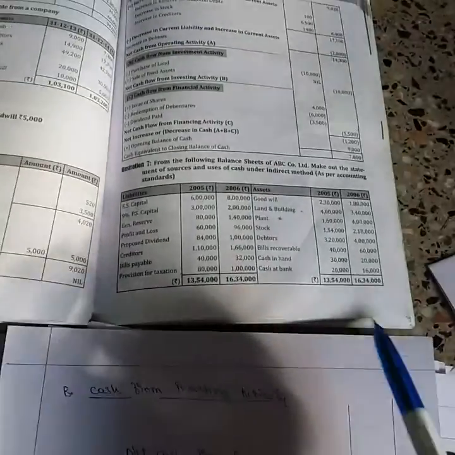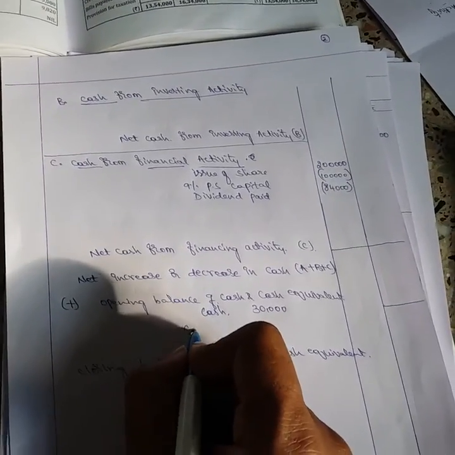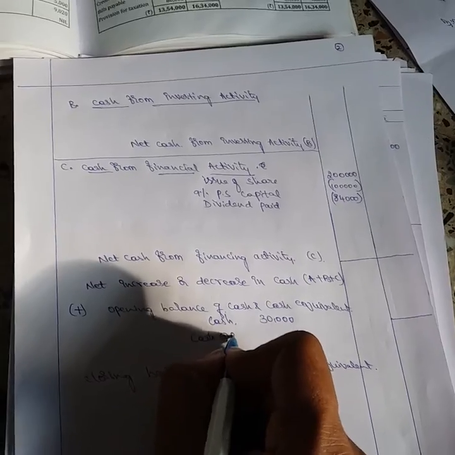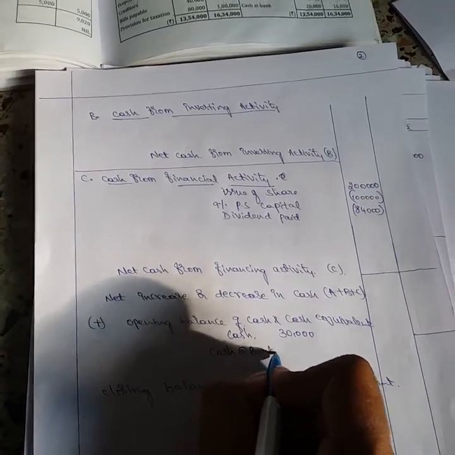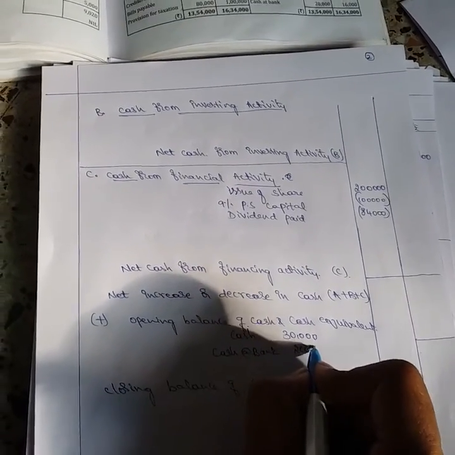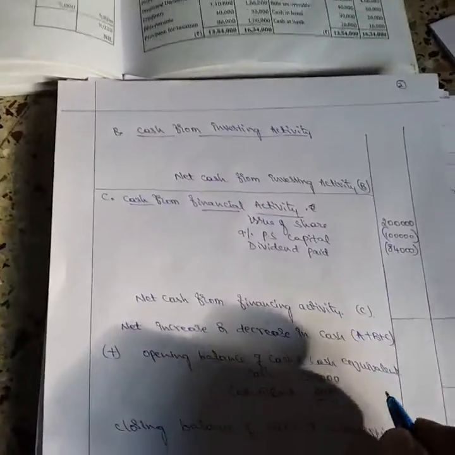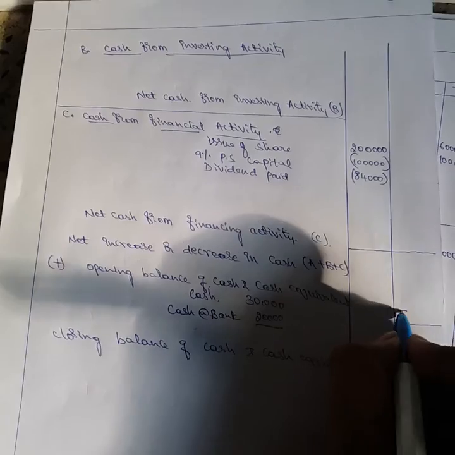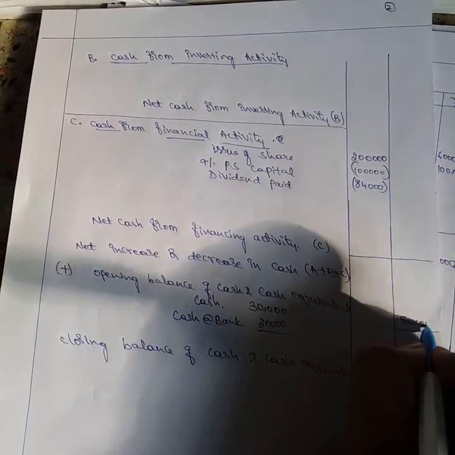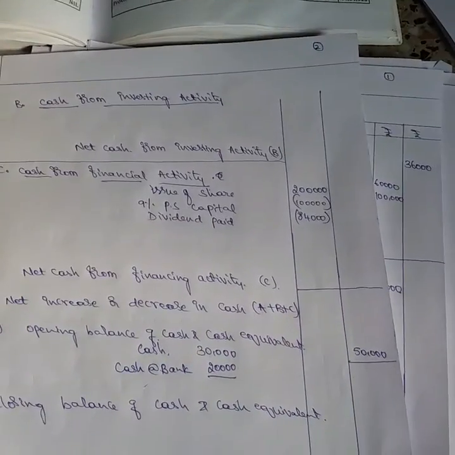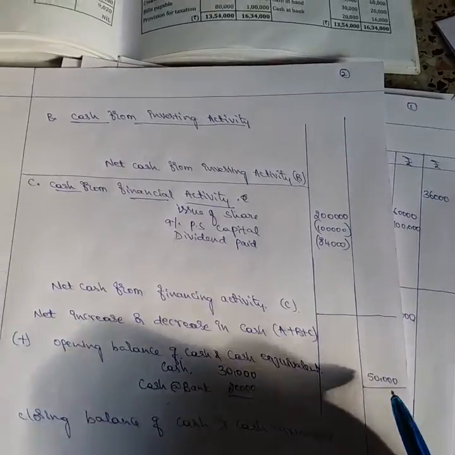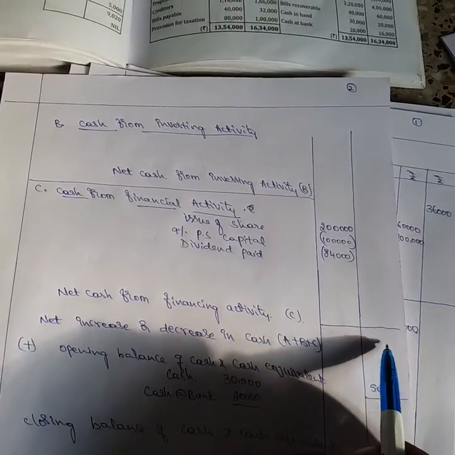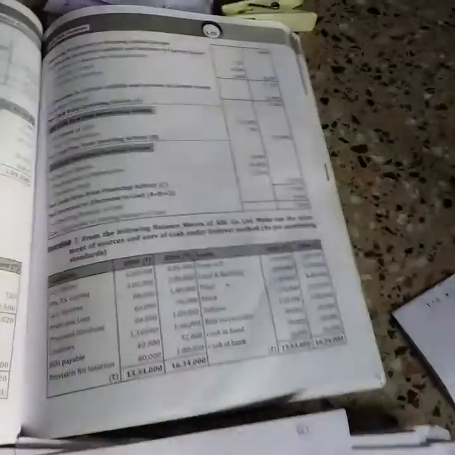Opening balance of bank is 20,000. Cash at bank 20,000. Opening balance of cash and cash equivalent is 50,000. We need to add this 50,000 to net increase or decrease in cash and cash equivalent.